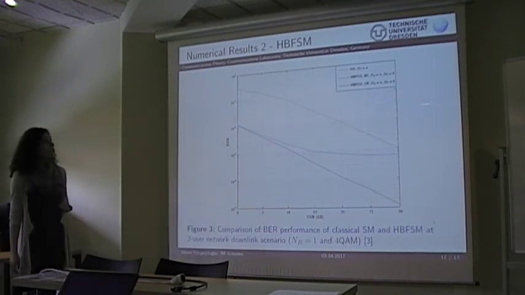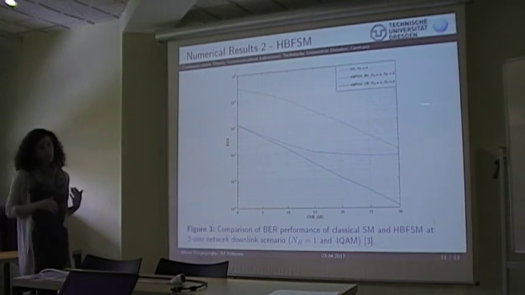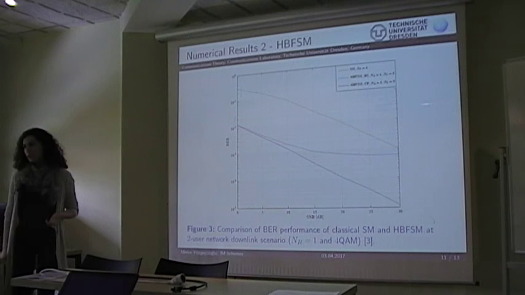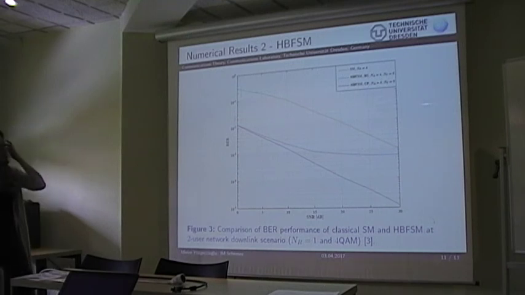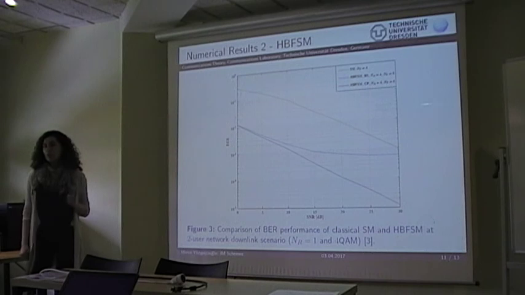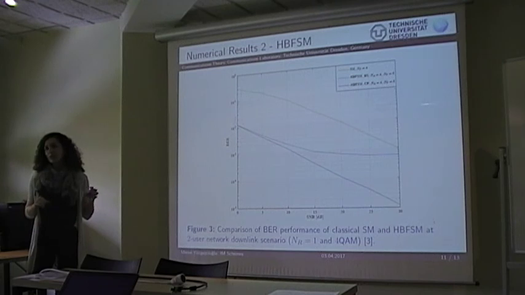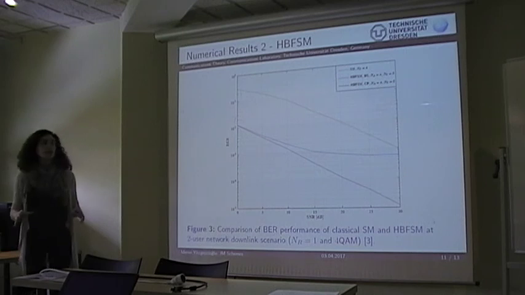And here I wanted to compare hybrid beamforming with spatial modulation with a classical spatial modulation system which is designed for multi-user systems. The case I have compared also has a large number of transmit antennas, but here no analog beamformer is used, only precoding is used to transmit data, and the transmit antennas are divided into subgroups, and for each data stream the spatial modulation is done among the transmit antennas in that subgroup.